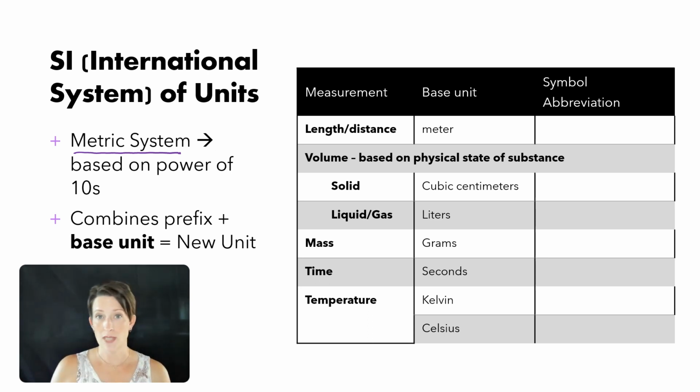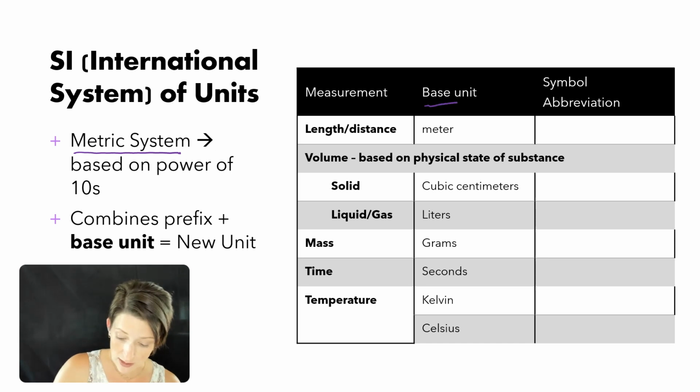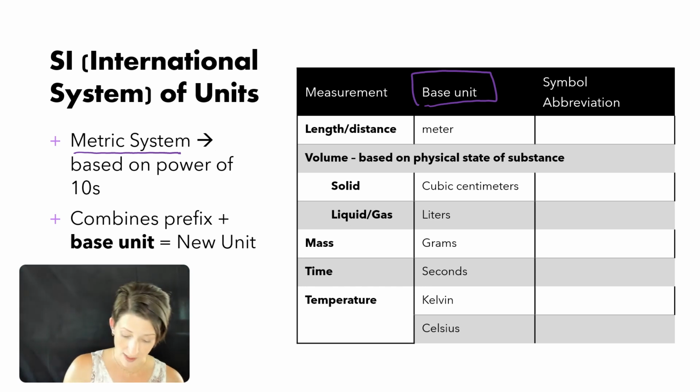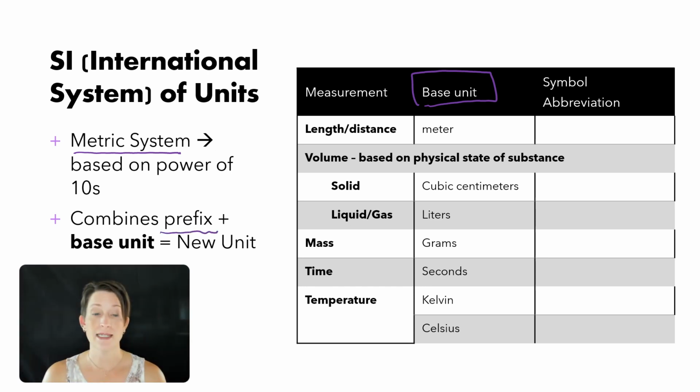We don't really use that in science because it's not accepted worldwide, and it doesn't have this very easy transition between values. What's really nice about the SI system is you have what's called a base unit. The base unit gives us that identifier of what we are measuring. Then that base unit can be changed with a prefix. That prefix tells us the size, how big or how small that base unit is.